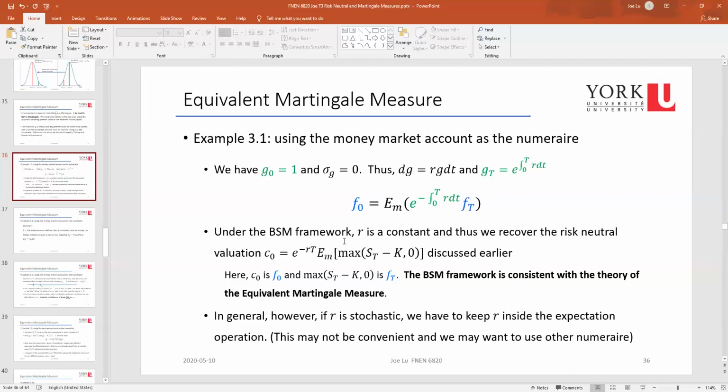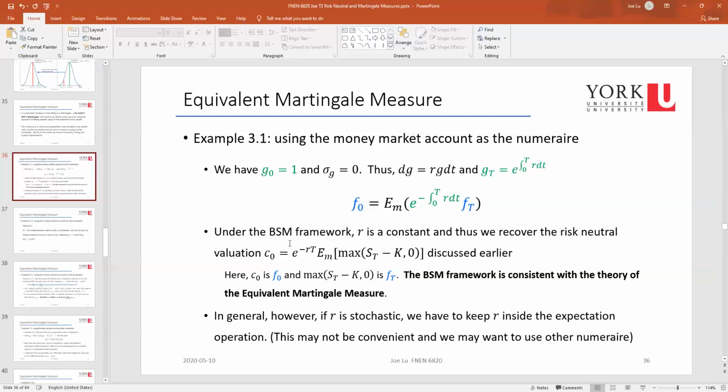Under the Black-Scholes-Merton framework, the risk-free rate is constant, so you can move it out of the integral. Instead of e to the power of minus the integral from 0 to T of r dt, it just becomes e to the power of minus RT.